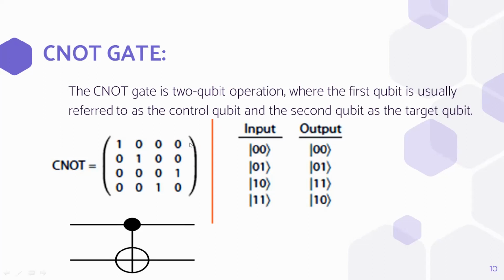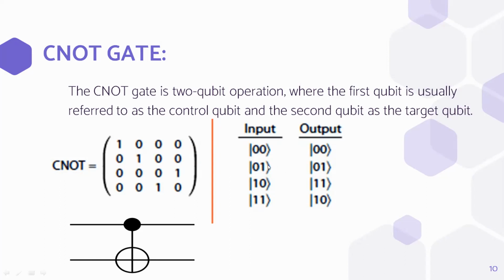As you can see in this truth table here, in the first example, the control qubit is |0>, and so it leaves the target qubit unchanged, and the output is the same as the input. In the next case also, the control qubit is |0>, and hence the CNOT gate does not do anything.